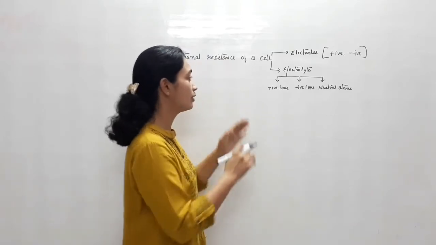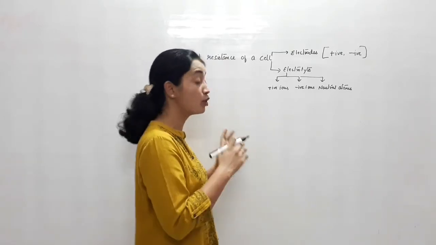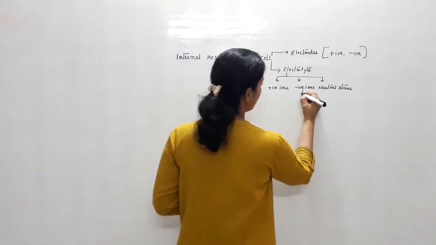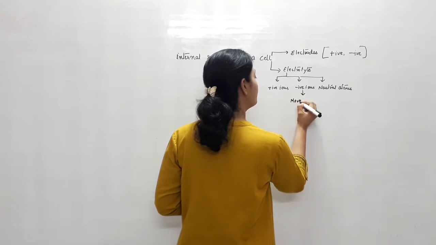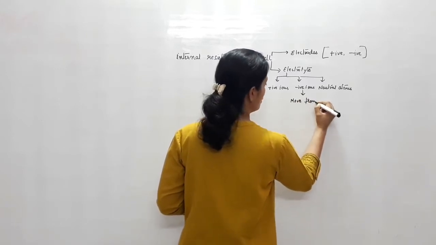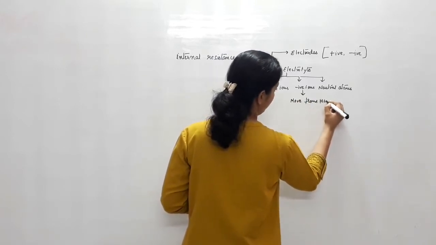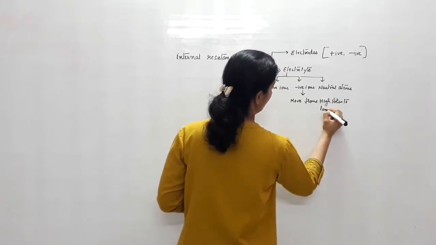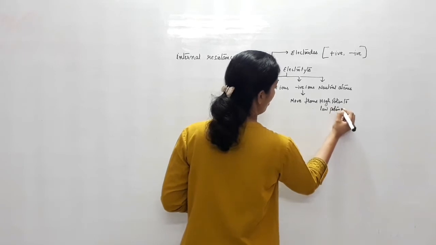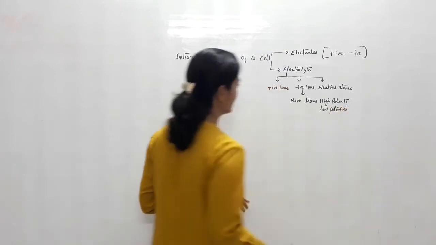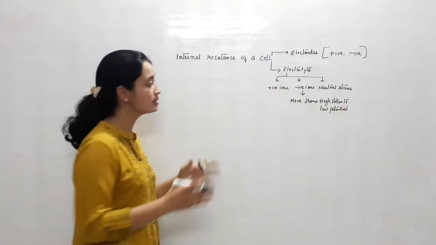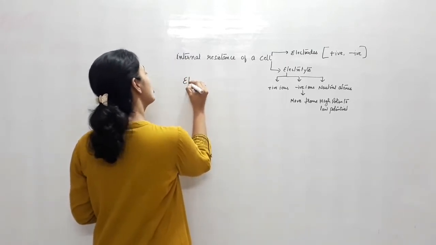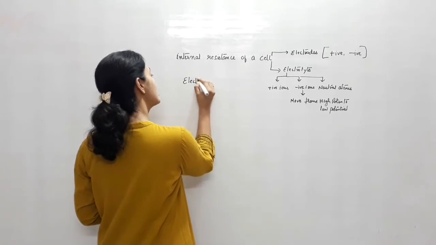Now let us consider, you know that the positive ions move from low potential to high potential, and the negative ions move from high potential to low potential. This is something which we all know about cells. Now when these negative ions are moving inside the electrolyte, the electrolyte offers some resistance.